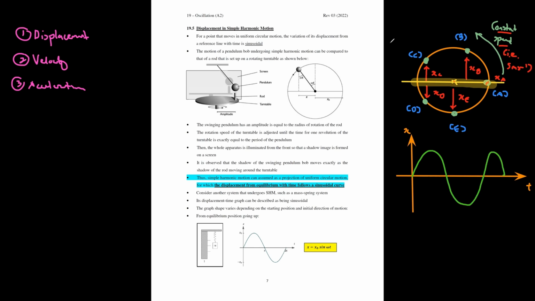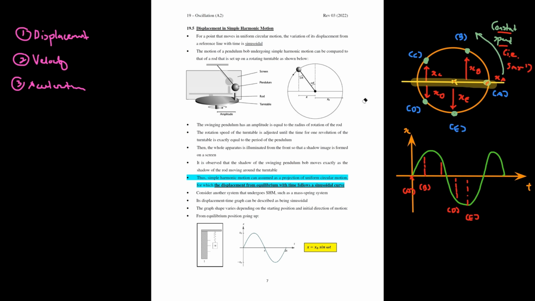Okay, so this part here would be where you have point A. This part here will be where you have point B. And then this part here will be where you have point C. And then this one is D. And then this one is E. Okay.